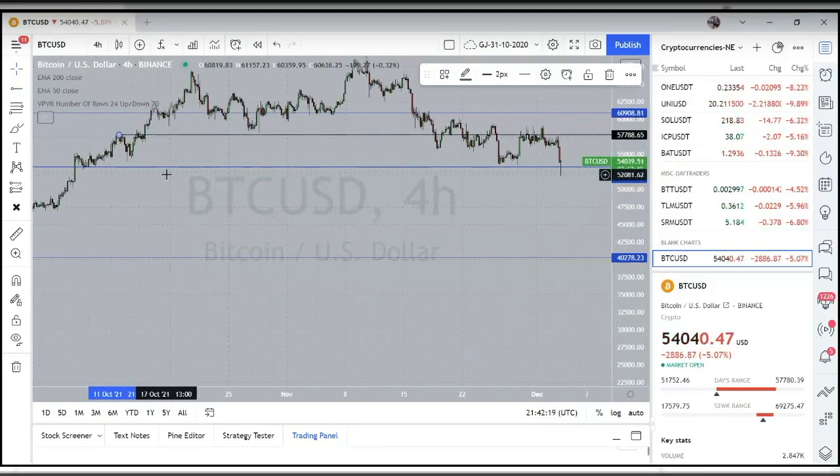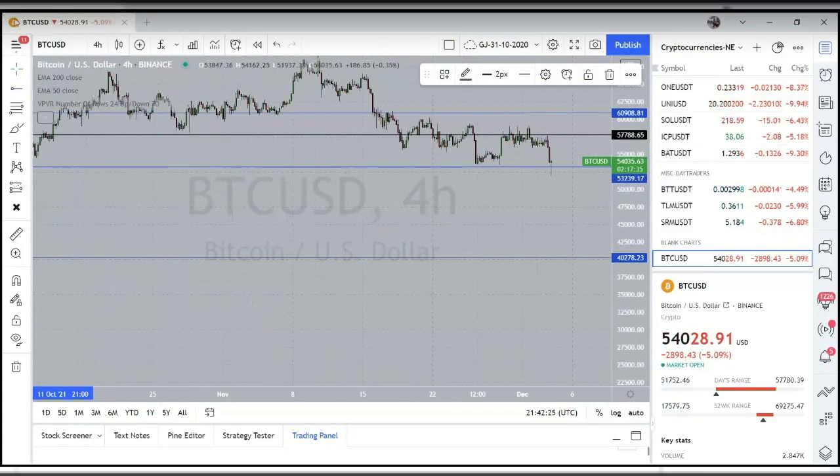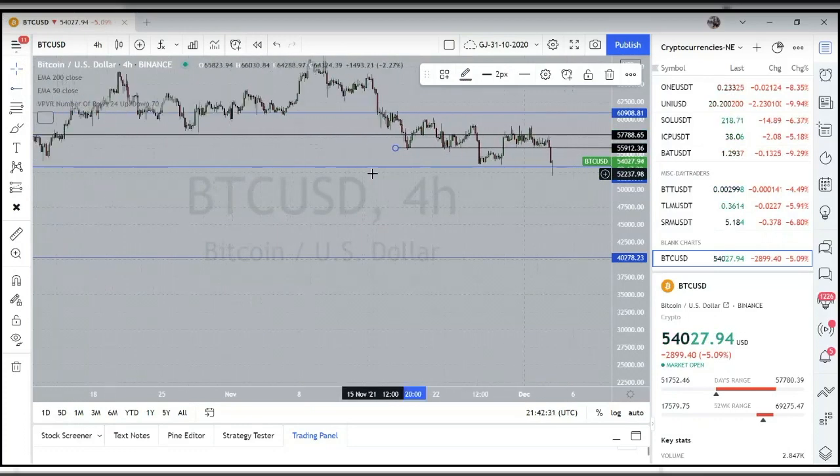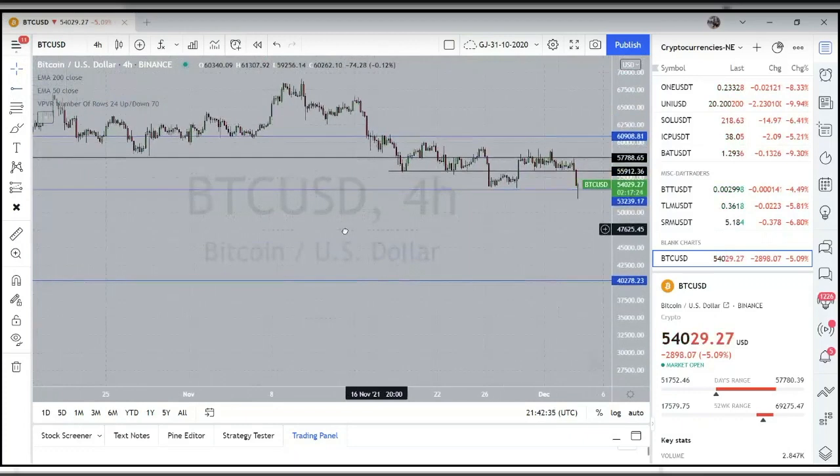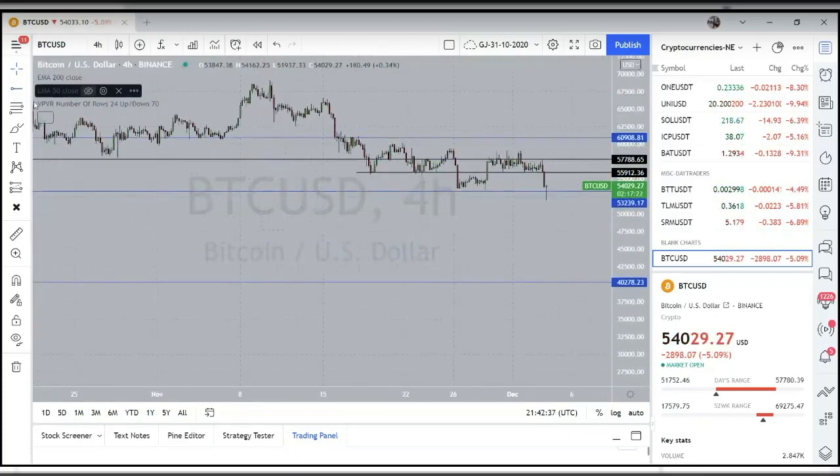There's one there that I can just see off the top of my head, and one here, and just above that.